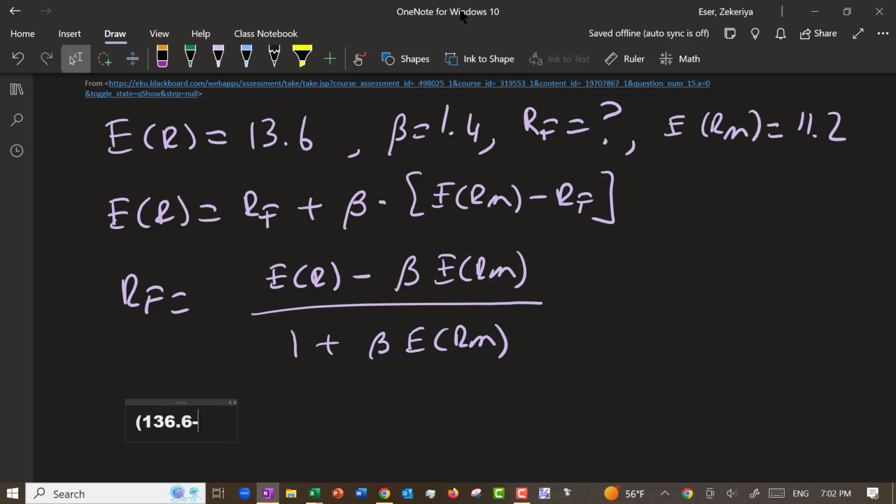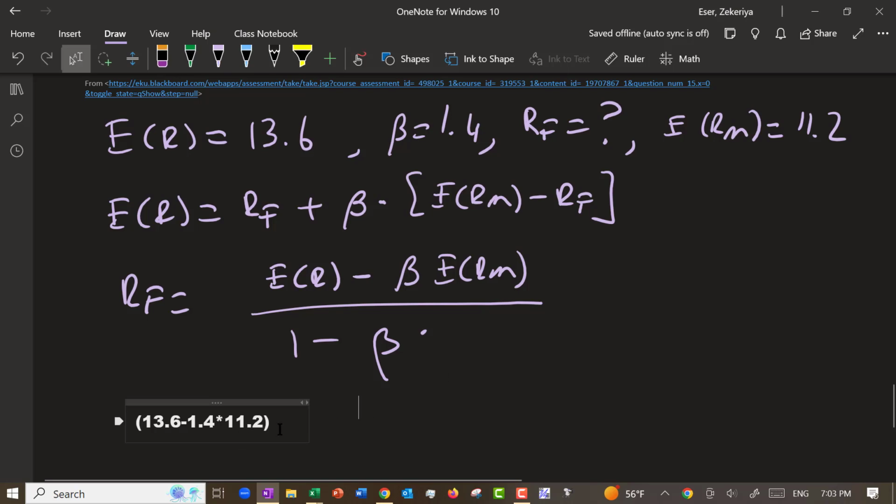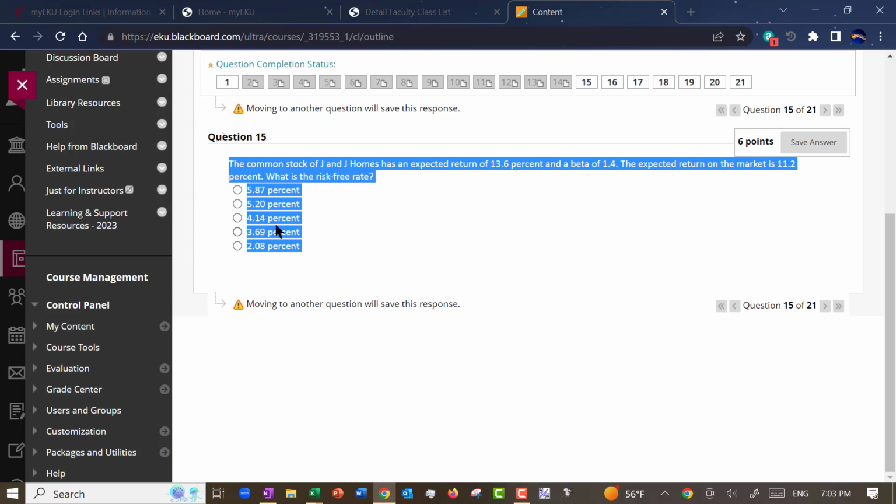So that's 13.6 minus 1.4 times 11.2, divided by 1 minus beta, I'm sorry. Let's see if that's one of the answers.